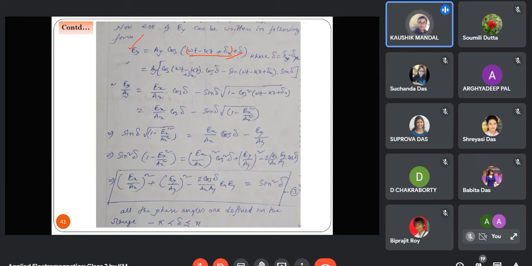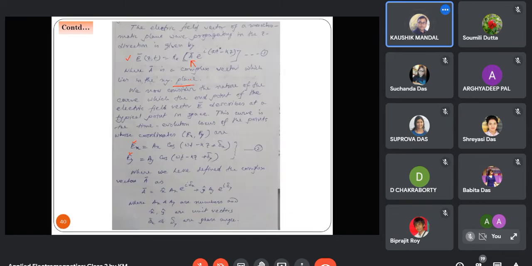Now in this expression, Ay moves to the left side. What about the term cos(omega t minus kz plus delta x)? If we go to the previous slide, this is nothing but the expression of Ex.